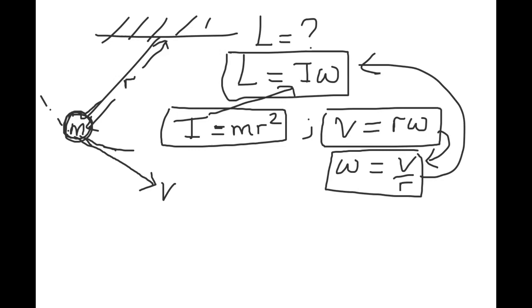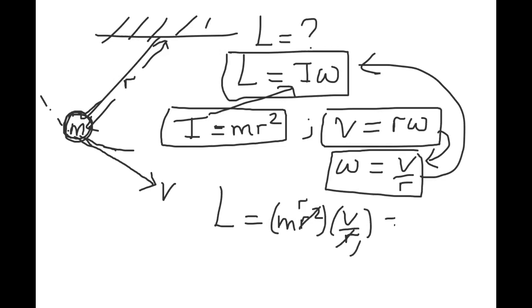So the angular momentum of a mass like in this example will be mr squared, that will be the I, and the omega is V over R. If you cancel one R here, we end up with mvr.